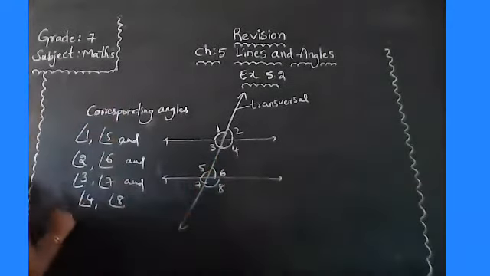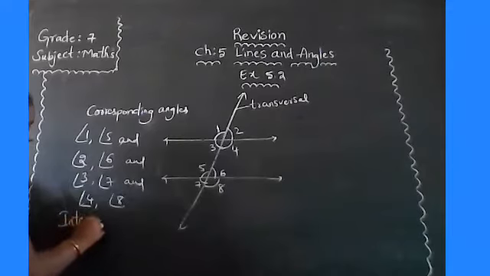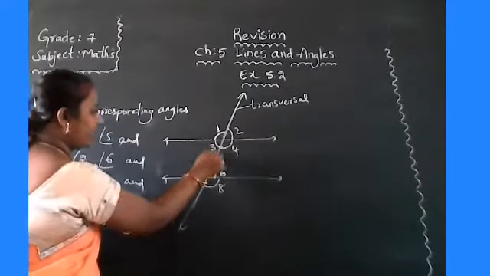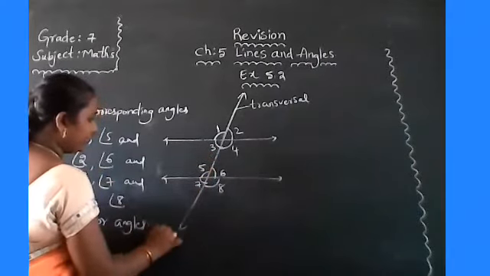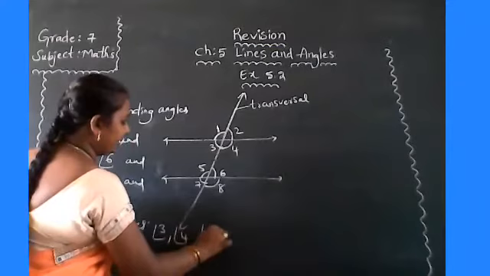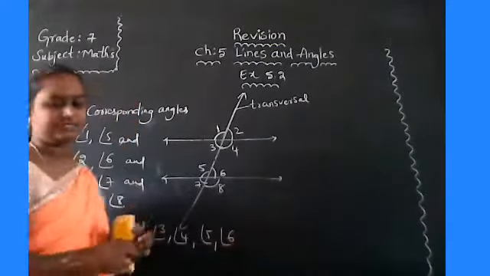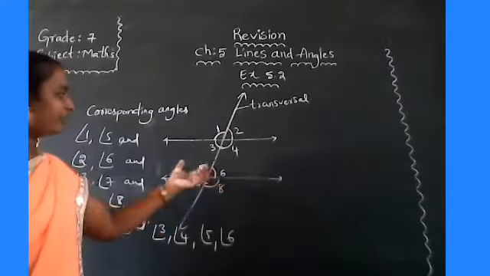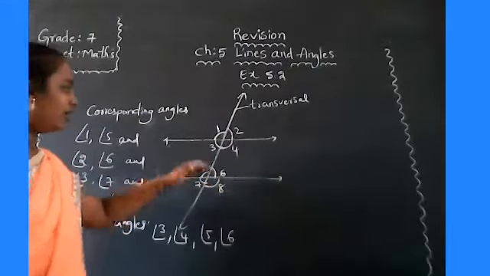The interior angles are angle 3, angle 4, angle 5, angle 6. These are interior angles. What about exterior angles? Outside.